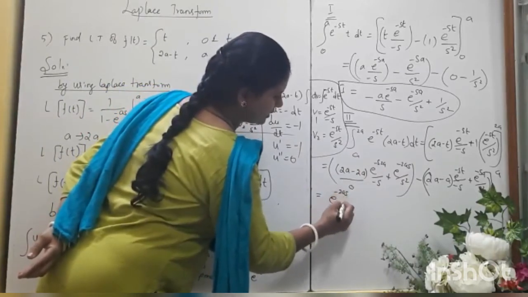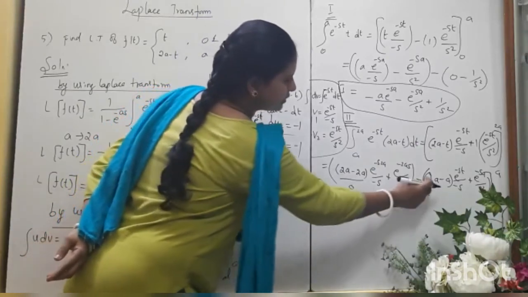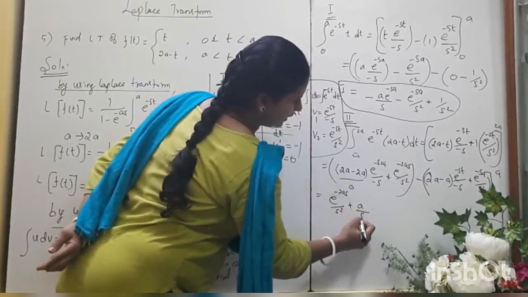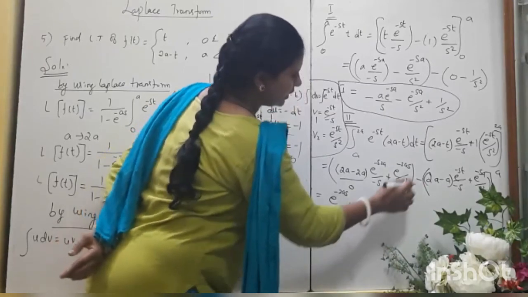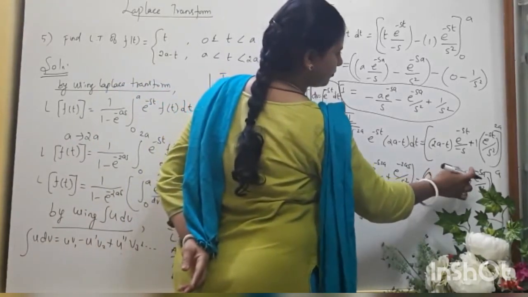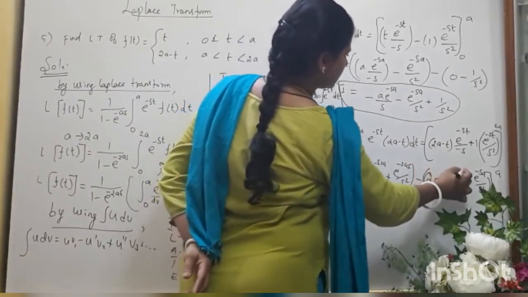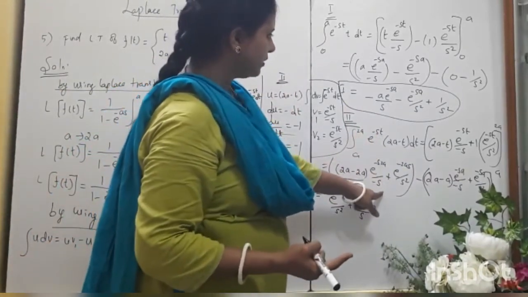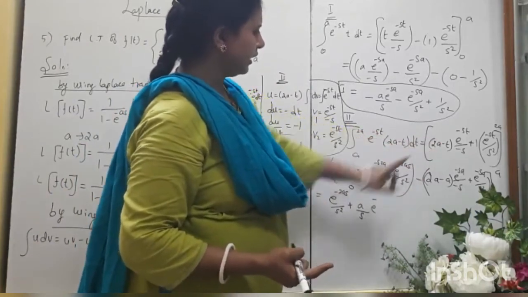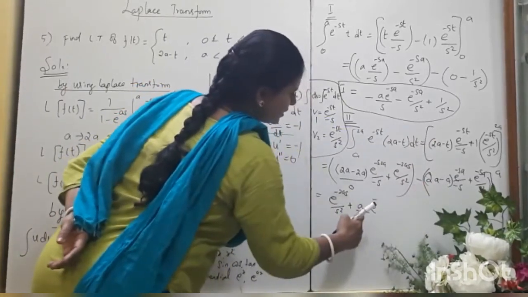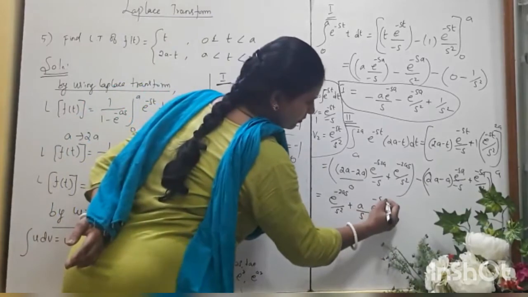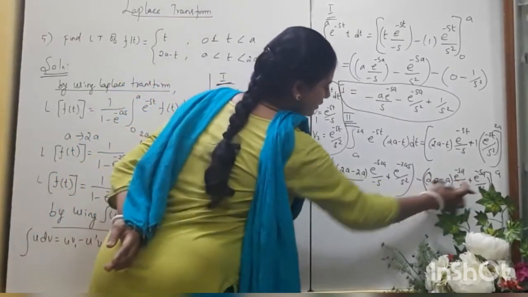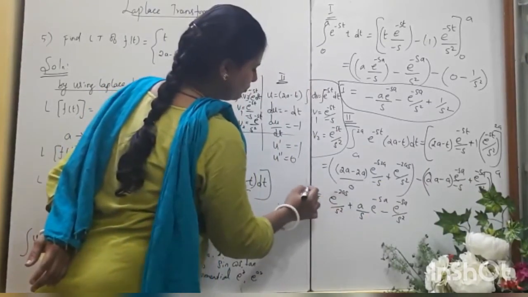E power minus 2as by s square, minus 2a minus a, minus into minus plus a by s e power minus sa, plus e power minus sa by s square. Here also you are applying 2a first, next a. Okay, this is part 2 solution.